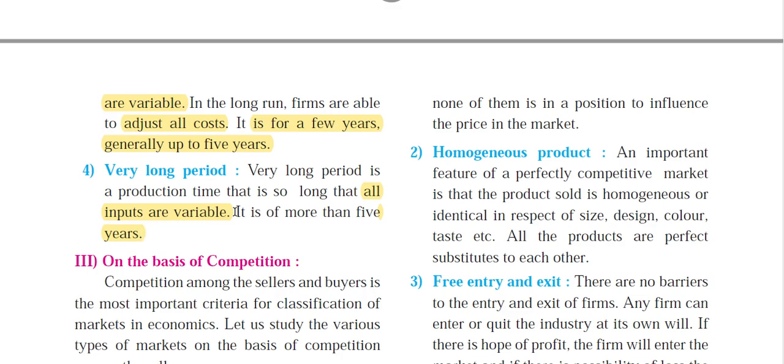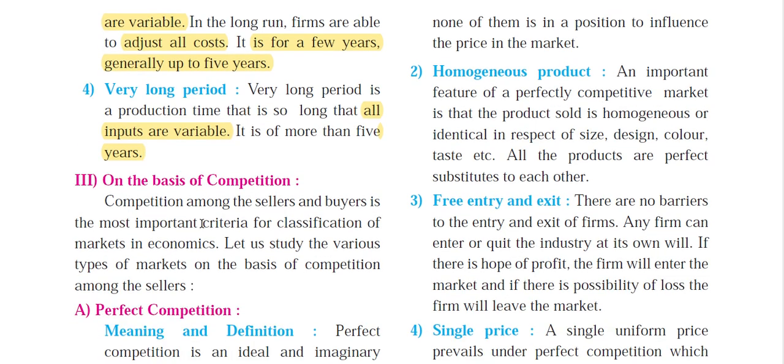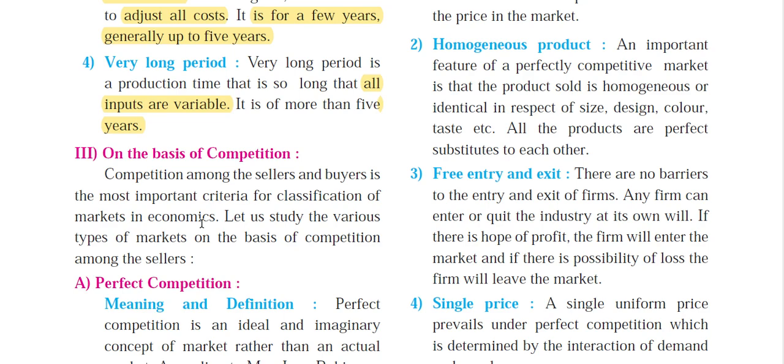If it's a mall or a bigger building, it will go in very long period. And if you go for a shorter construction like a hut, it can come into short period, and a tent in very short. This is just a hypothetical example, just to remember everything in place.